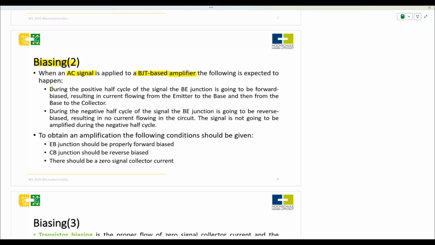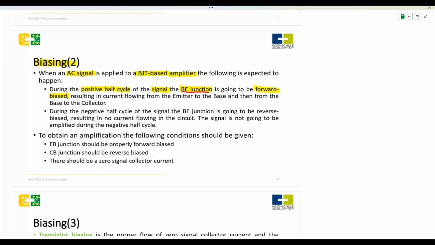First, during the positive half cycle of the signal, the BE junction, the base emitter junction, is going to be forward biased.